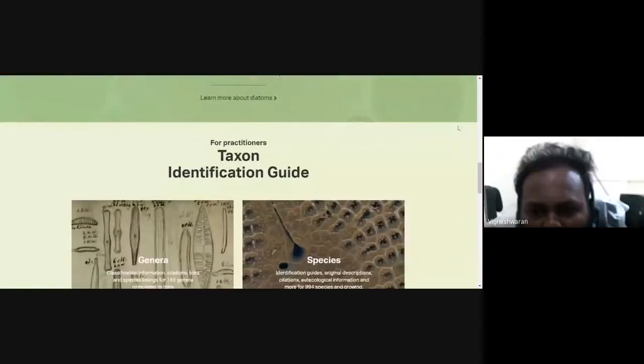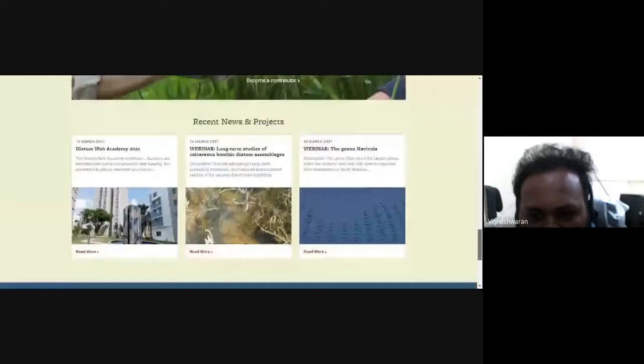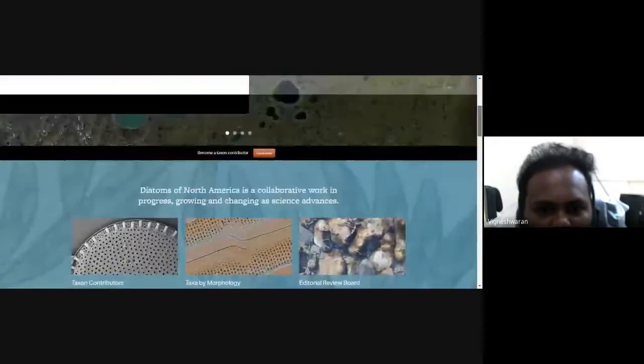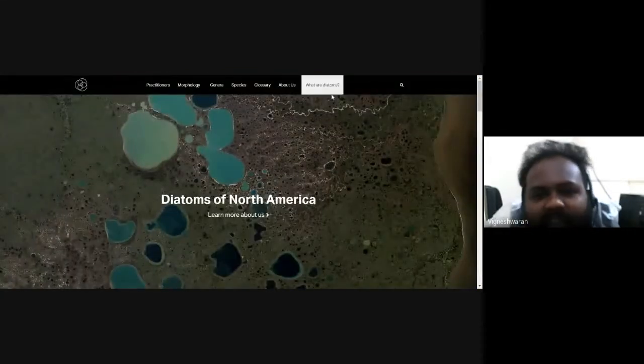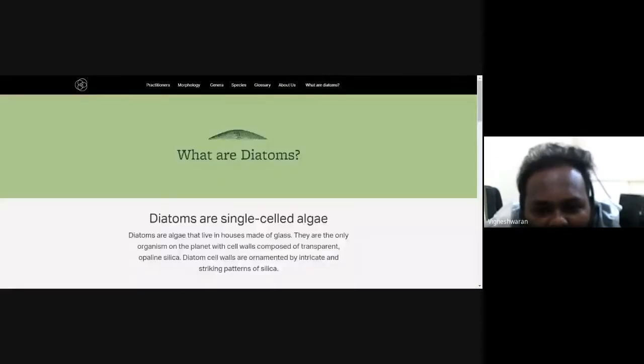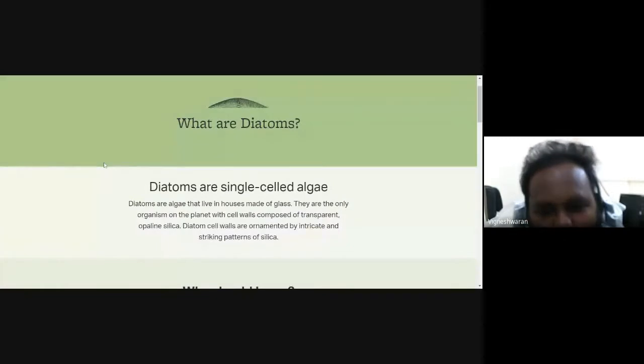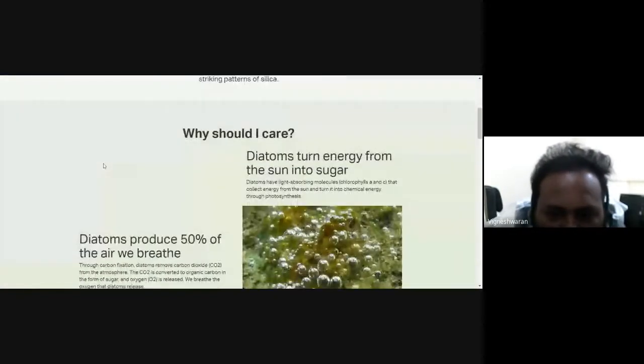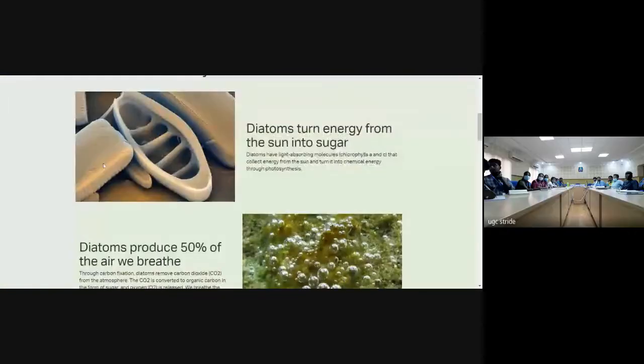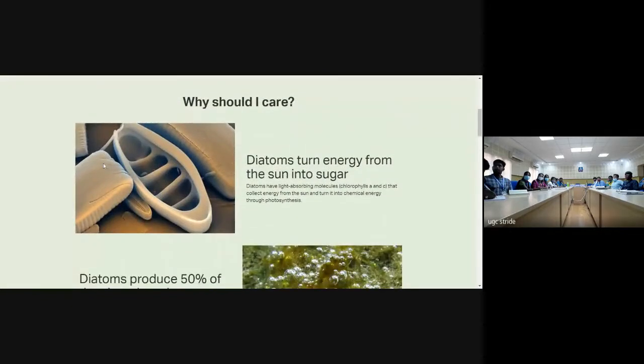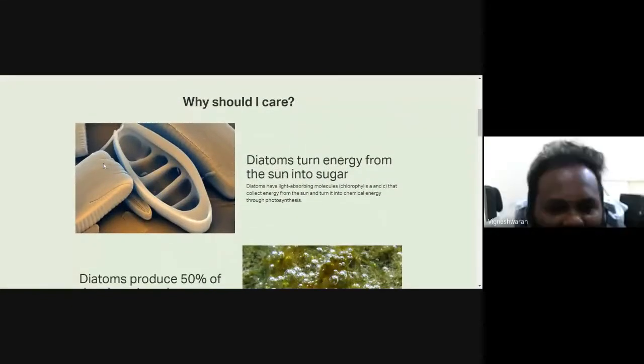So the website name is diatoms.org. If you go there, you can see all information about diatoms. For example, if you are studying what a diatom is, we can go here and see what is a diatom and why we should care.